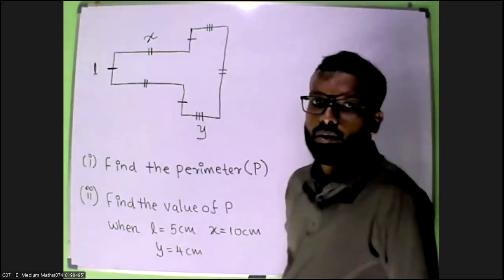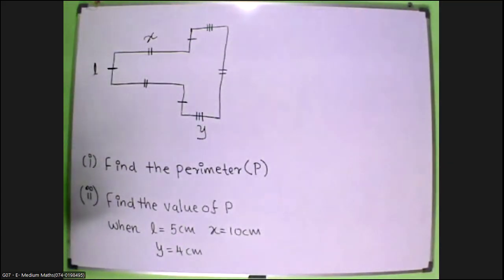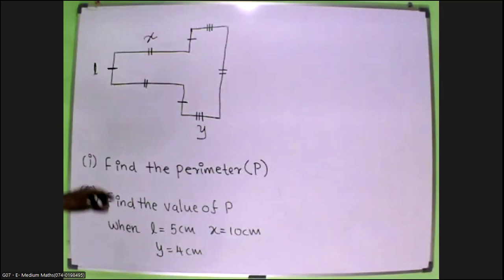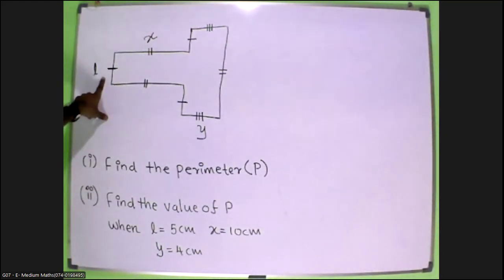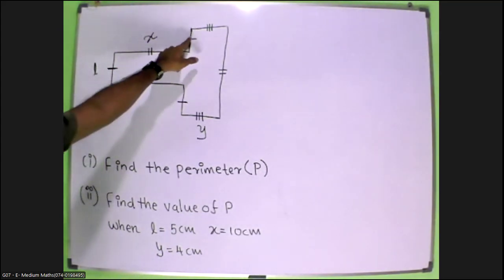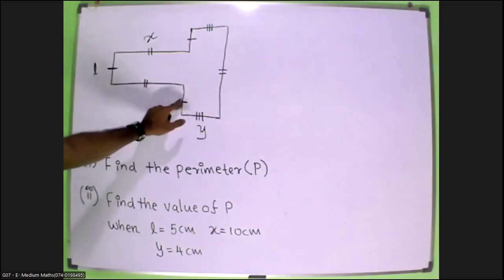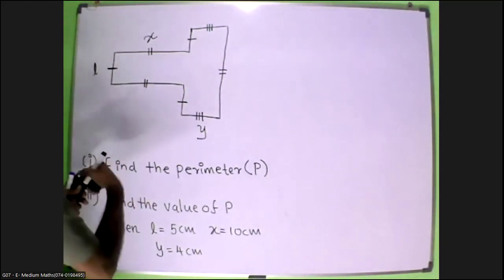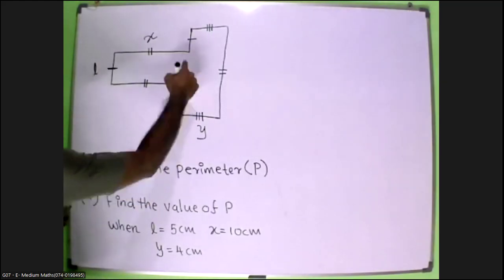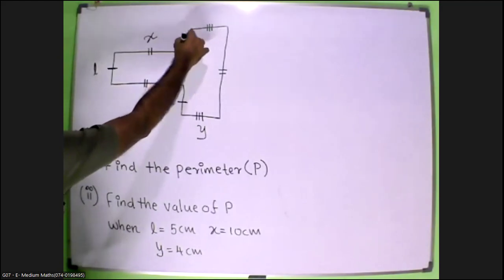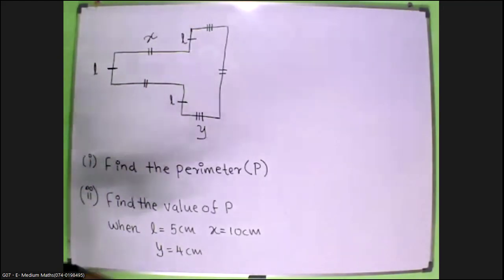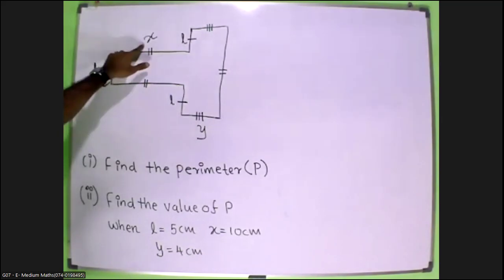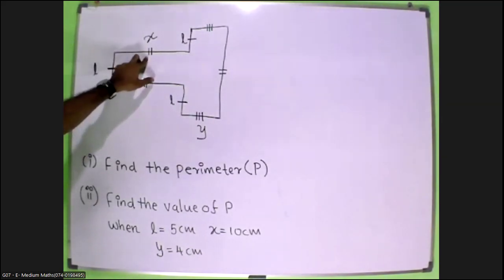Okay, guys. So look at the board. Now, in this figure, this length is L, right? So I have marked this length should be equal to this length, and also for this length. So there are three L lengths, and this length should be L, and this length should be L, and also this length is X. Okay.